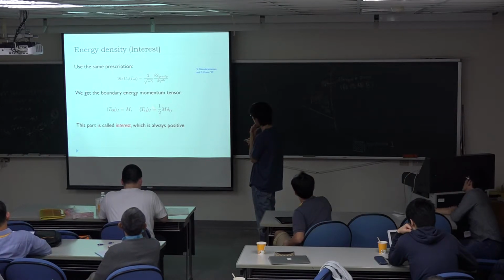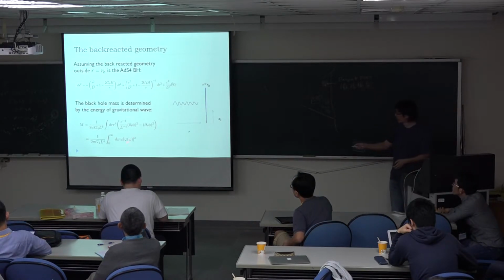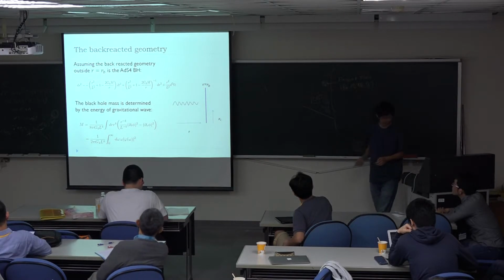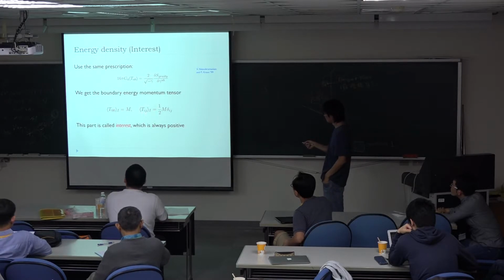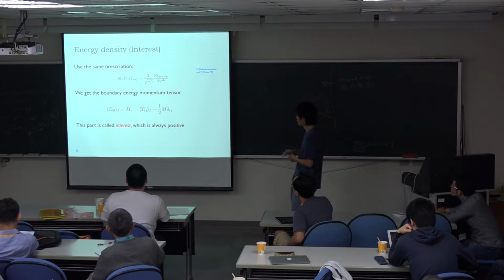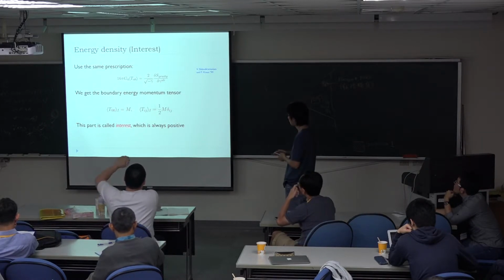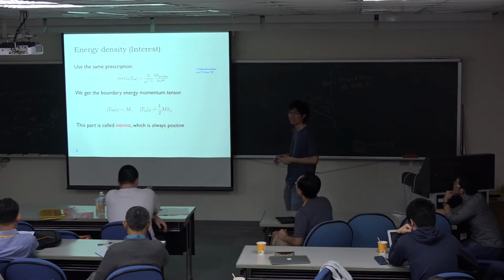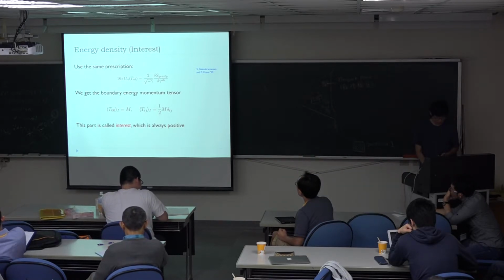And this could only be positive because M comes from the gravitational wave energy, as I calculated here. So this part is positive and is homogeneous in the boundary spacetime, boundary space, and also time. This part is called interest because it's positive and you need it to compensate the negative energy you borrowed earlier.